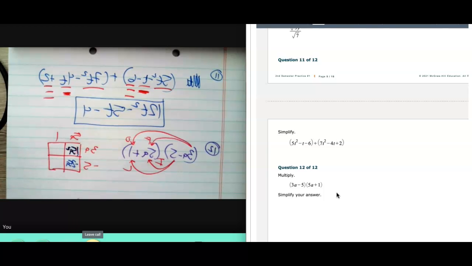You're still going to multiply all these same amounts. Still going to multiply 1 times 3a, that's 3a, and you're still going to multiply 1 times negative 5, and that's minus 5. And again, whether you do FOIL or box method, you still end up with some like terms here. Negative 25a plus 3a, that's negative 22a. The 15a squared comes along for the ride. The minus 5 also comes along for the ride.